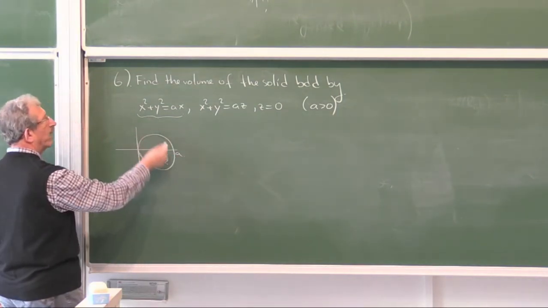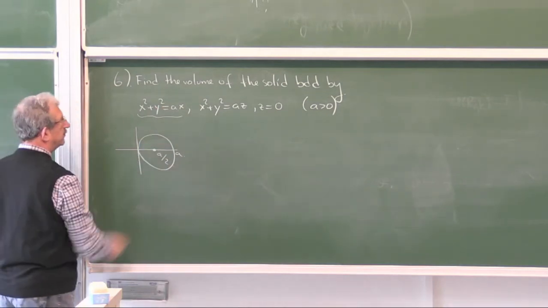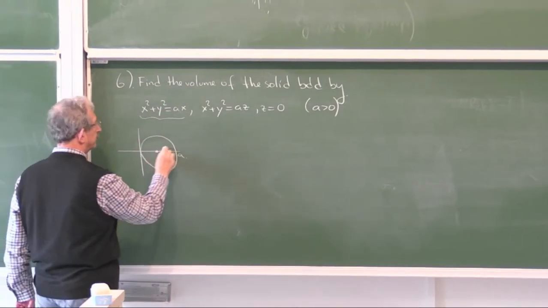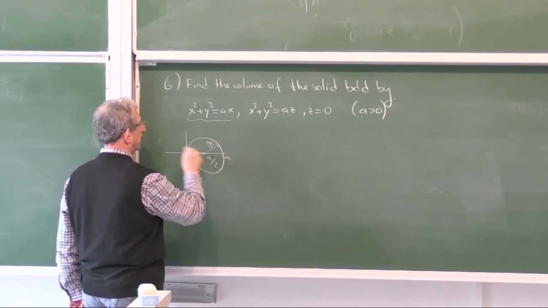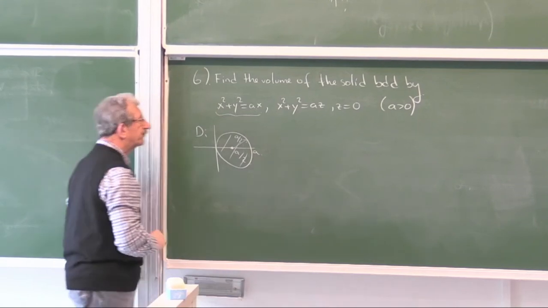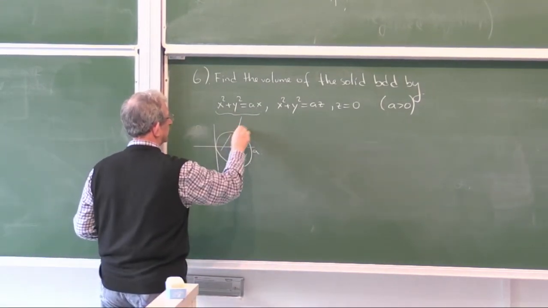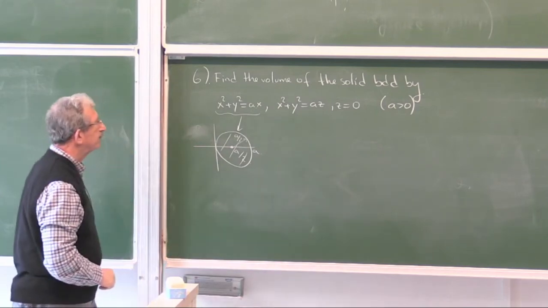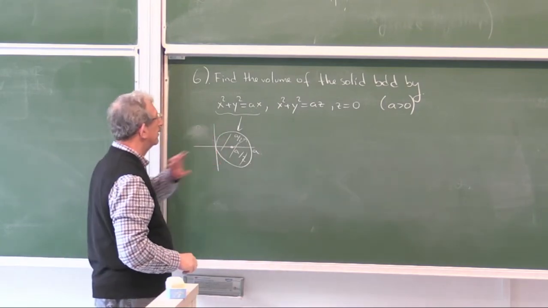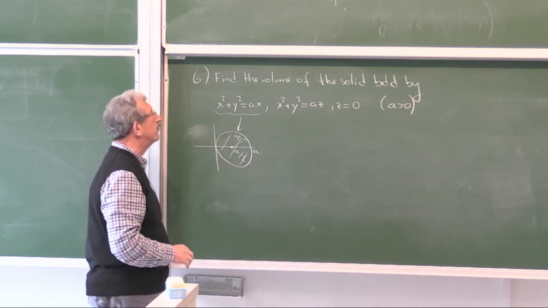In other words, if y is 0, x is a or 0, and you get this immediately. So the radius is a over 2. So this is our D in question. Actually, it's not our D, but it is what this says. It's a circle with center shifted a little bit, but radius is a over 2.